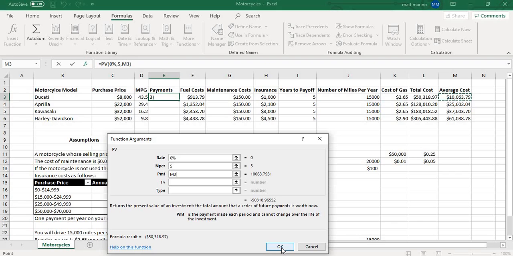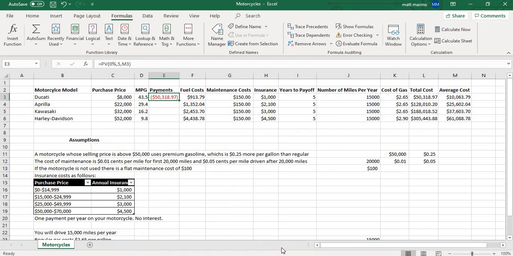So when you click OK, you will notice something. Our response is in red coloring. This means it is a negative number because you are losing that much money. You're paying that much money, so you are losing it. You're paying it out. You'll notice another thing. Our answer in E3, the payment, is the inverse of our total cost.